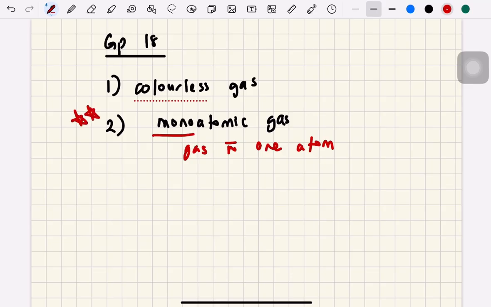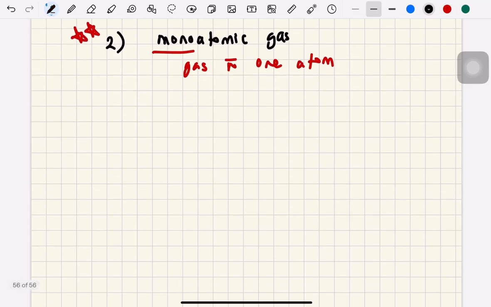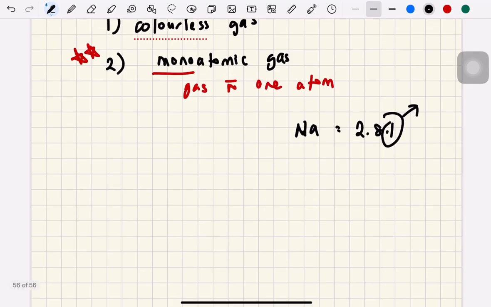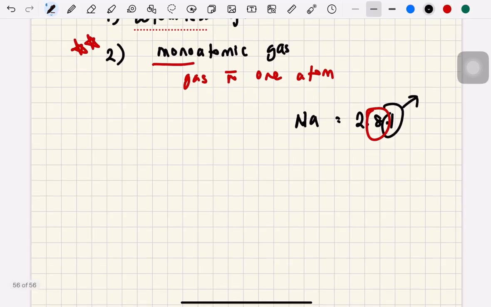Now a popular question would be why noble gas exists in monoatomic form. Let's say I give you an example: sodium. The electron arrangement is 2.8.1, so what do we do? We donate. Why donate? Because it wants to reach octet. Then an example for monoatomic gas: neon.